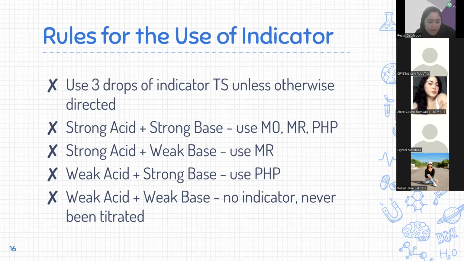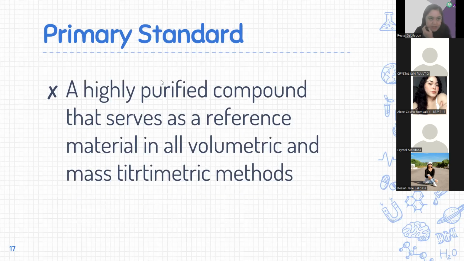Hindi sila kasi magkakaroon ng sharp na endpoint. So we have to make sure actually na if our sample is a weak acid, we have to use a strong base in order for us to obtain or to achieve a sharp endpoint. Walang available indicator for a weak acid and a weak base.